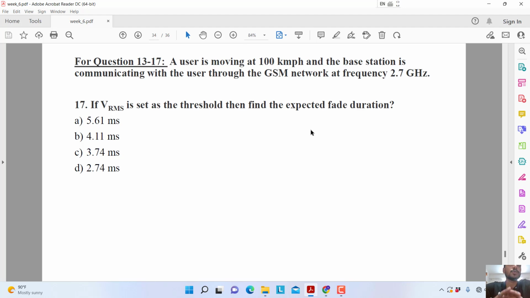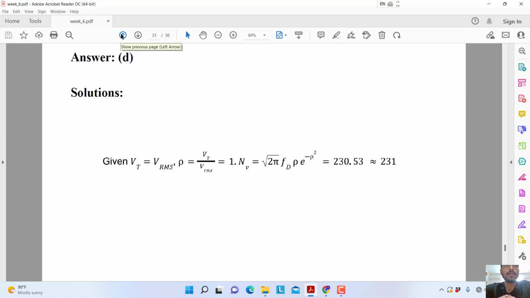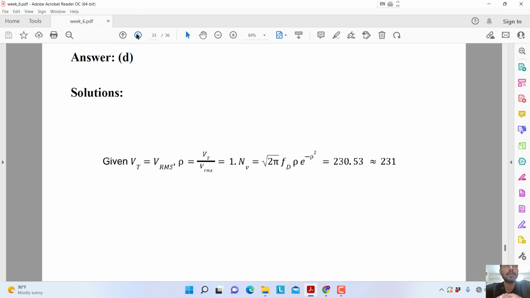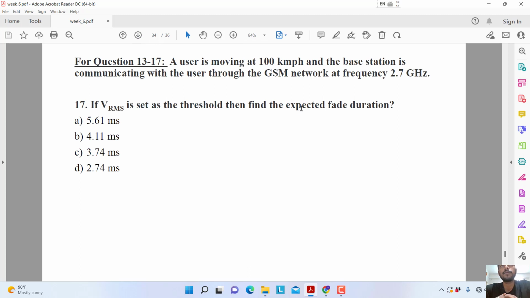In the last question we calculated the number of fades, and here we have to calculate the expected fade duration.